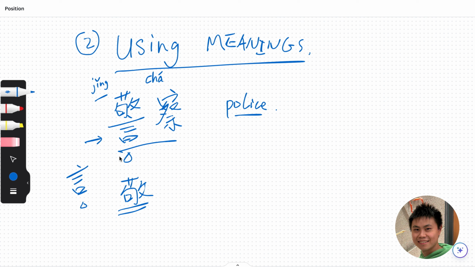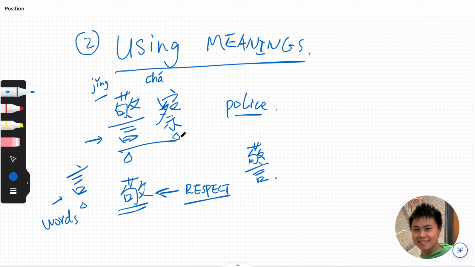It means words. Okay. This is respect. So when you encounter a decent police officer, you need to respect and listen to their words. So respect first, listen to their words later.